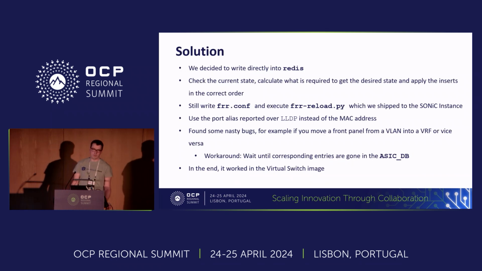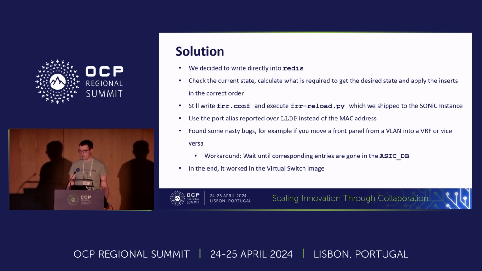So how do we come to a solution? In the end, we decided to modify our little controller to write directly into the Redis database, directly into the config.db database. We do it by checking the current state and calculating what is required to get to a desired state and inject the required configuration in the correct sequence of orders.